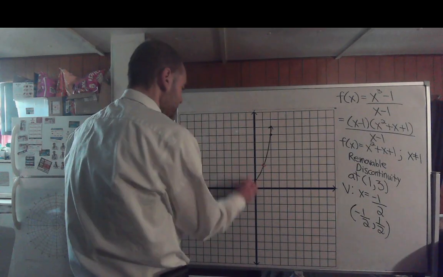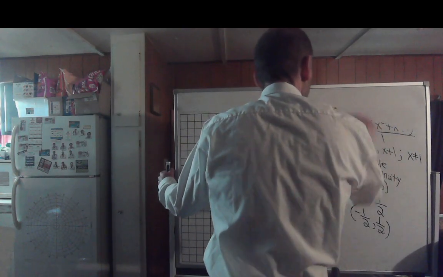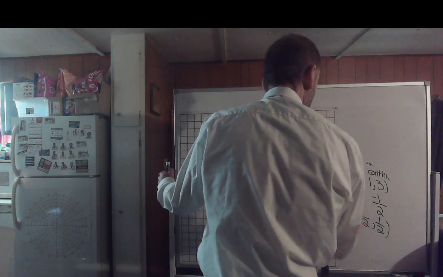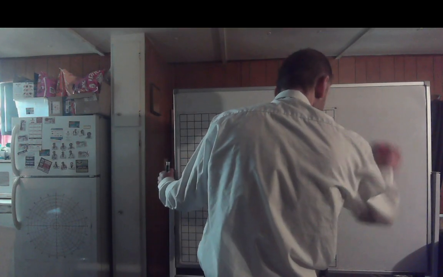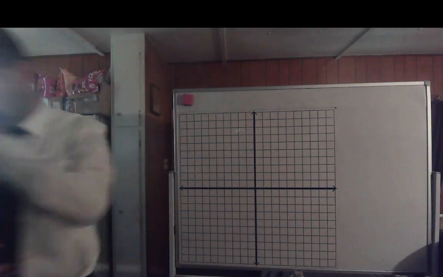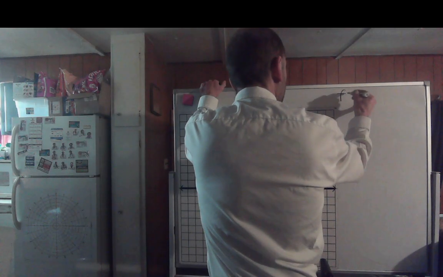Alright, now we want to talk about removing the discontinuity. It's called removable for a reason, because the discontinuity can be removed. So let's say I have the original function f of x.